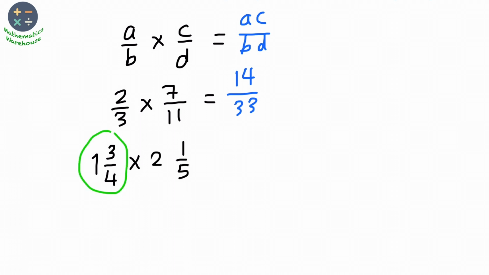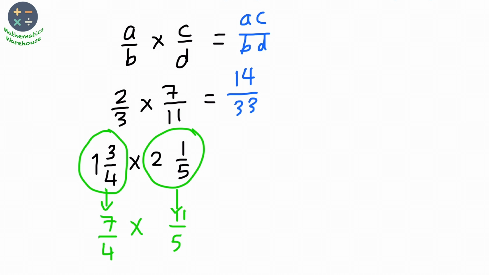So convert 1 and 3/4: 1 times 4 is 4, plus 3 equals 7, so 7/4. Convert 2 and 1/5: 2 times 5 is 10, plus 1 is 11, so 11/5. 7/4 multiplied by 11/5.